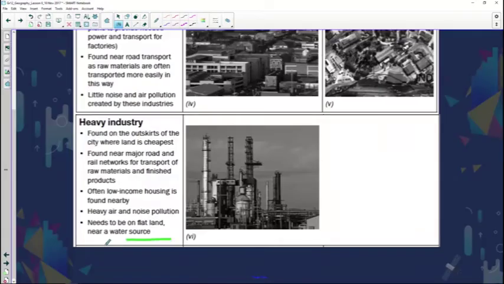And very importantly over here, it needs to be on flat land. And if you look at the reason why we chose these locations, there needs to be availability of water, because they use the water to basically make their products. And as you can see, often low-income housing is also found close by because you need unskilled workers to work in these industries as well.